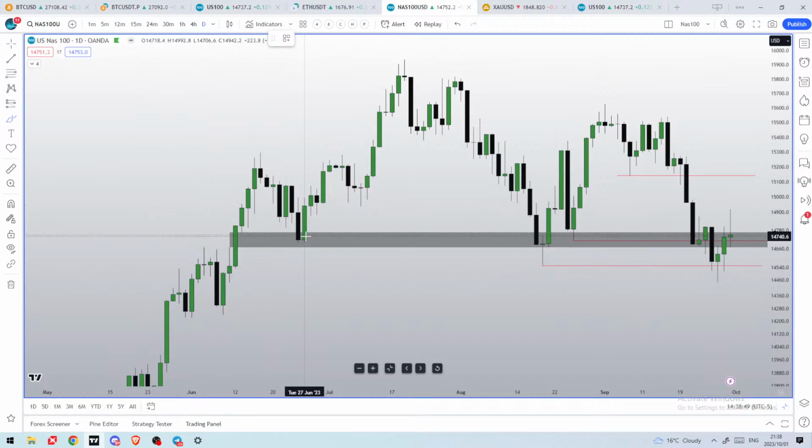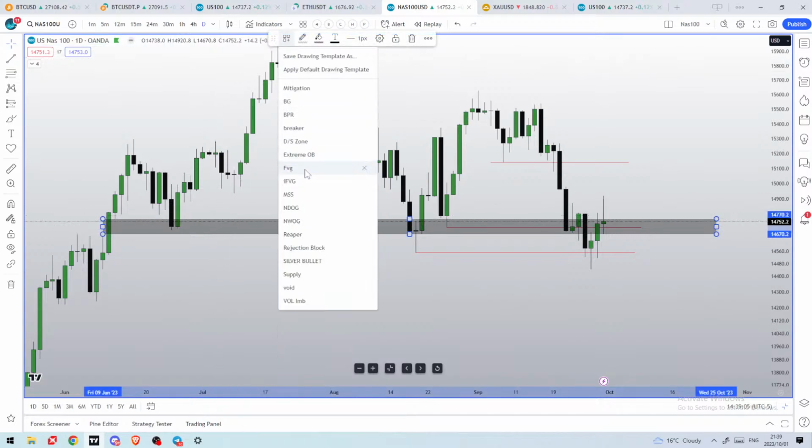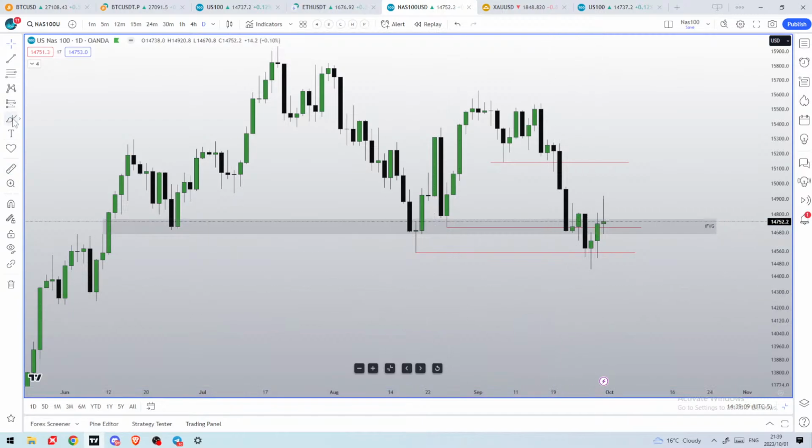on the way up, FVGs are supposed to contain price and send price higher. So there's your FVG inside here. When we came back into it, no closes below it, send price higher. Now we came into it and we closed below it. So this FVG here now should become what ICT calls an inverse FVG, or inverted FVG.